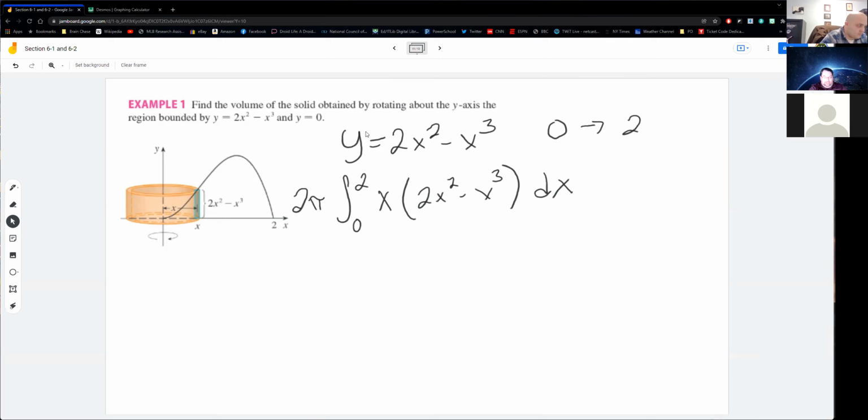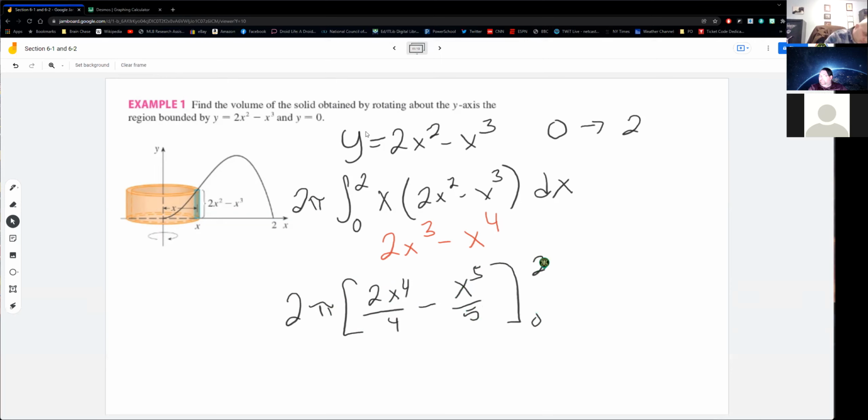I know some teachers want you to rewrite everything completely out. You don't have to. I know you're not going to do this all on your test, so it's easy. That becomes that, so I don't have to rewrite the integral and all that other stuff. So I have 2 pi times 2x to the fourth over 4 minus x to the fifth over 5 from 0 to 2.